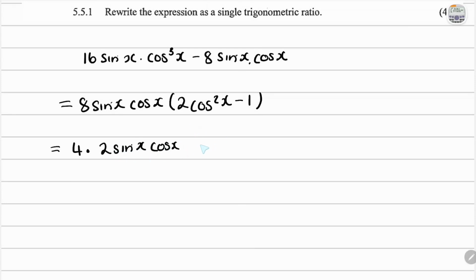And then you see how they'll change. This one will change to cos 2x. And this one, as you can see, is a double angle expansion for sine 2x. So this is equal to 4 multiplied by sine 2x times cos 2x.